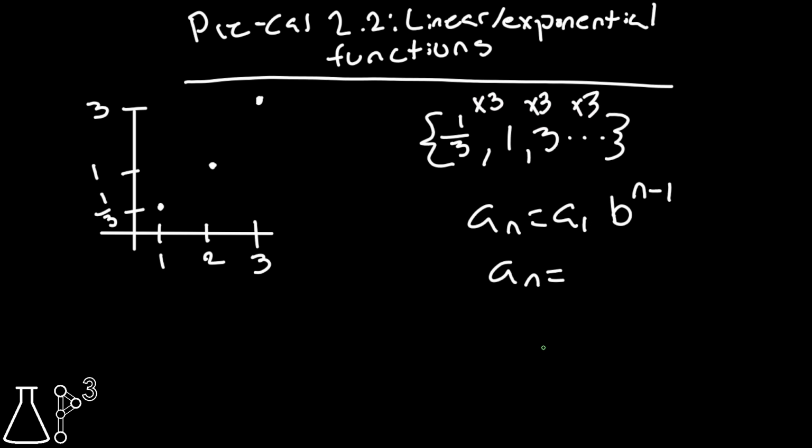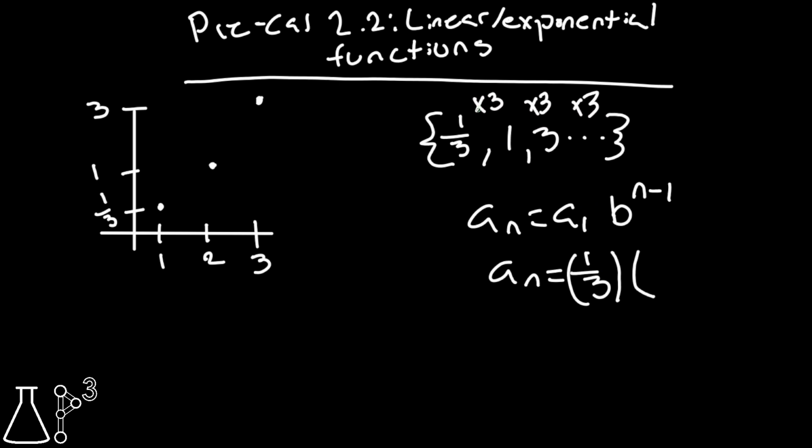Again, if instead you started with a_3, you would have written a_3 times b to the n minus 3. But in this case, we're given a_1. So this is what we're going to do. We know our a_1 is 1/3, times our b, which is what we're multiplying each time.